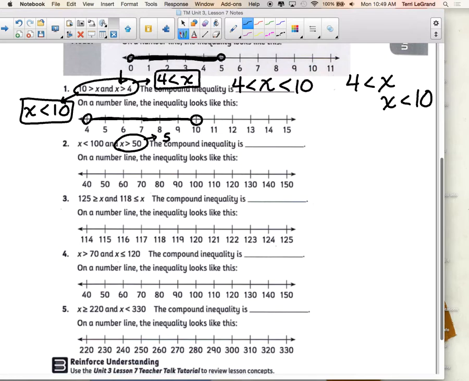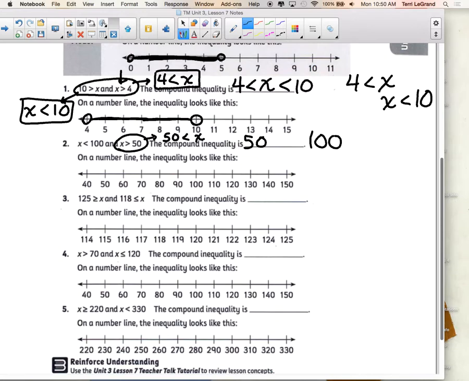We're going to flip it over. And 100 needs to be at the right end, the bigger end. Do we need to flip it over? No, because right now it's at the right end, isn't it? So the 50 has to be at the beginning. The 100 has to be at the right end.